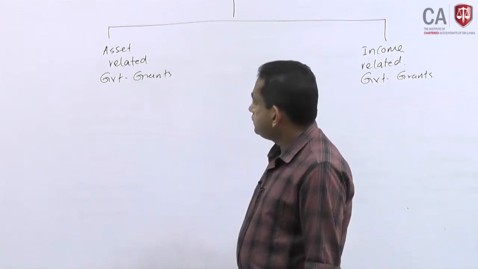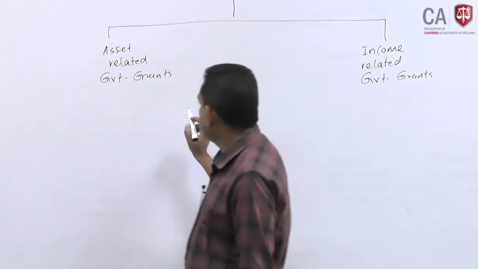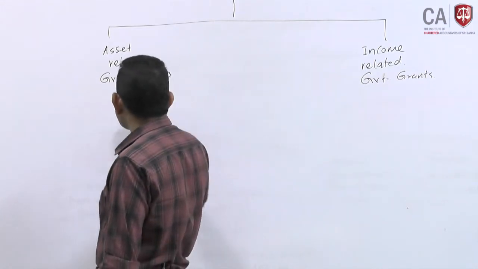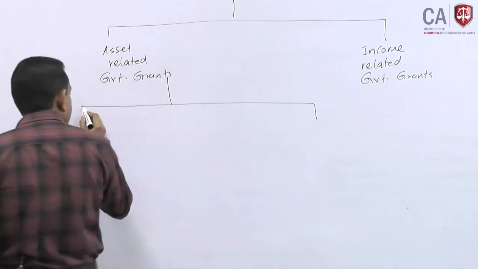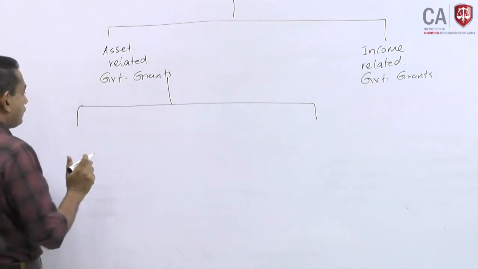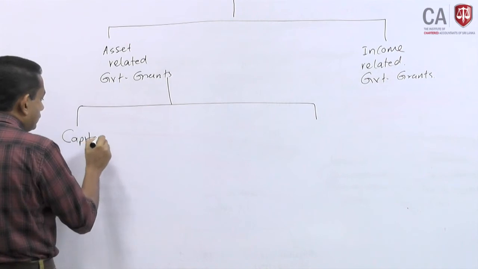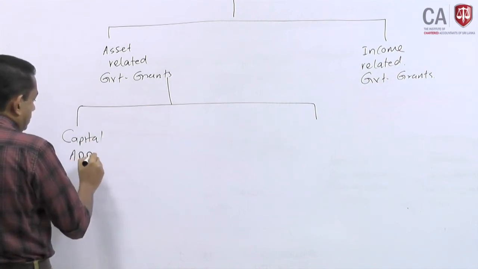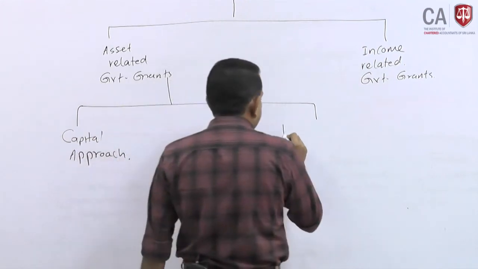Now, LKAS 20 gives you two approaches to do the accounting to recognize asset related government grants. The first is the capital approach. The second is the revenue approach.